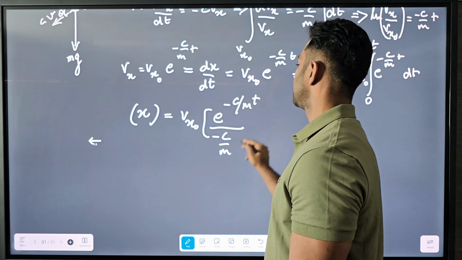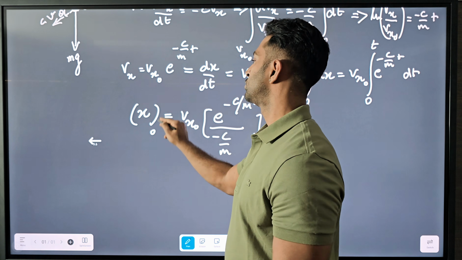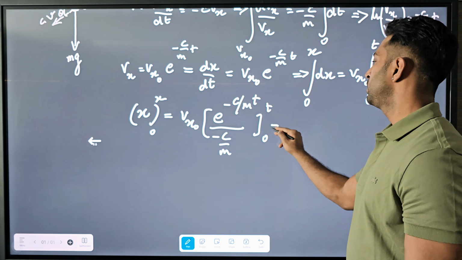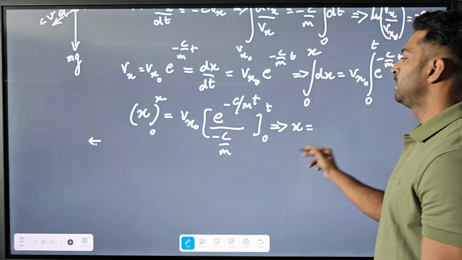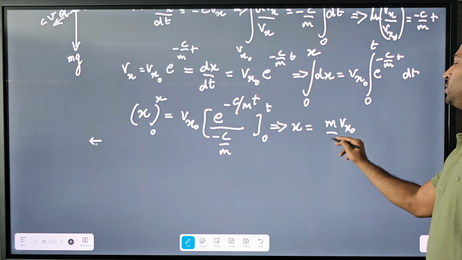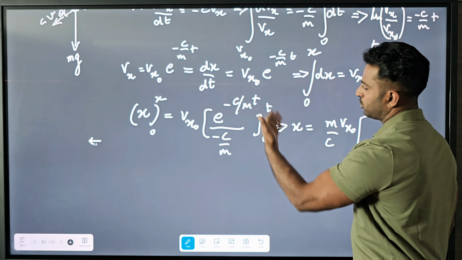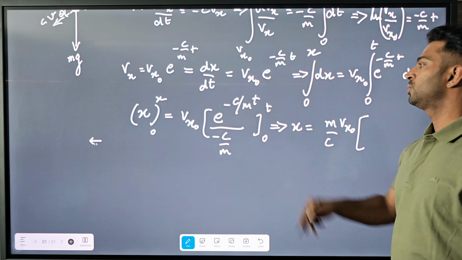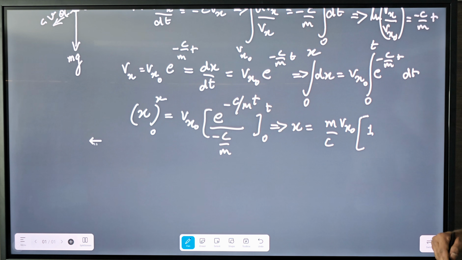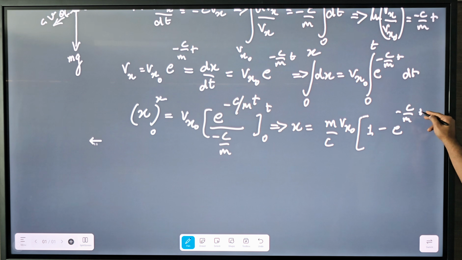In integration, this thing gets divided by minus c by m, from 0 to t. Here the limits are 0 to x, which eventually gives you the x coordinate. If I manipulate this, m goes up, c goes down. Take this minus into account and put the lower limit first. When you put t equal to 0, e raised to the power 0 becomes 1. The other limit becomes this. Guys, the problem is effectively solved.